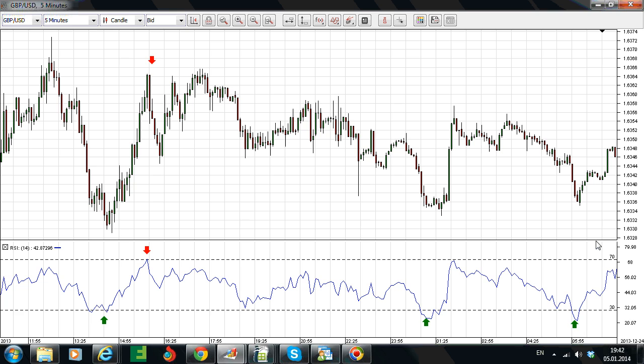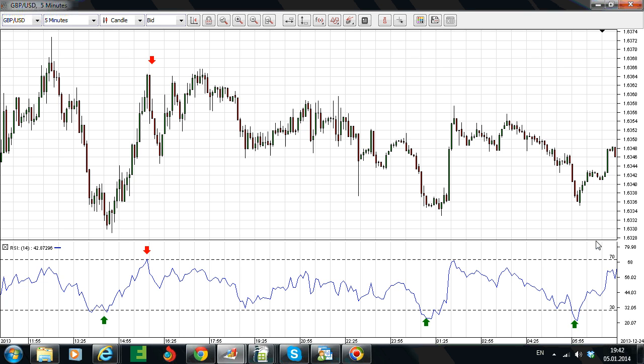Now this is one way to use the relative strength index. Another way is, of course, the now famous divergence, and this would be the object of the next recording, looking at how to trade binary options with an RSI that is diverging and what a divergence means.